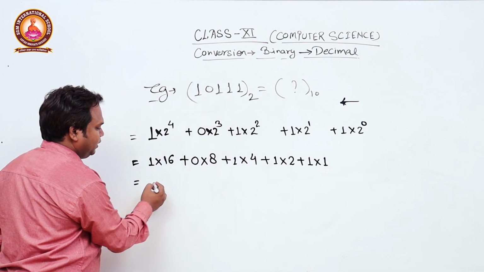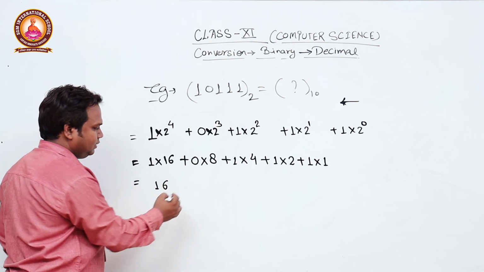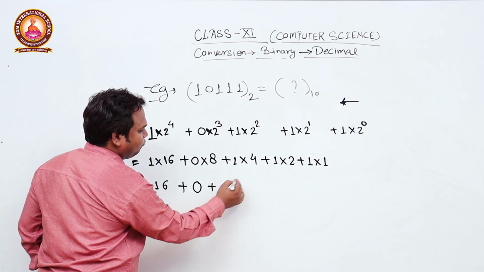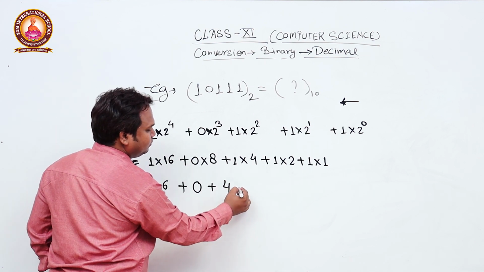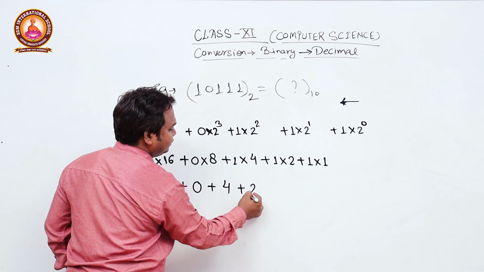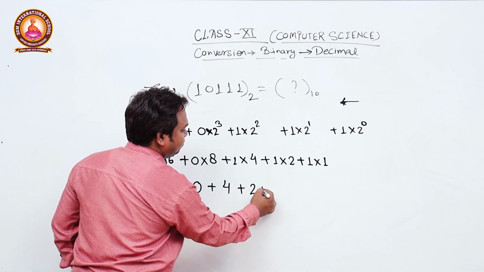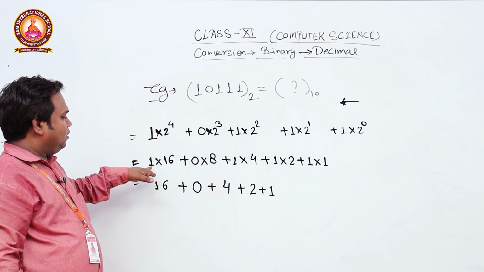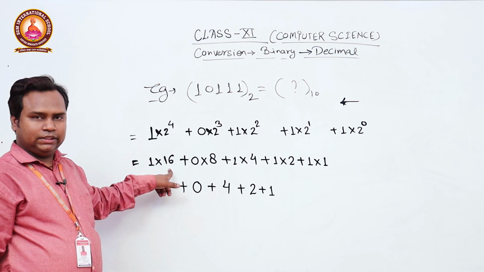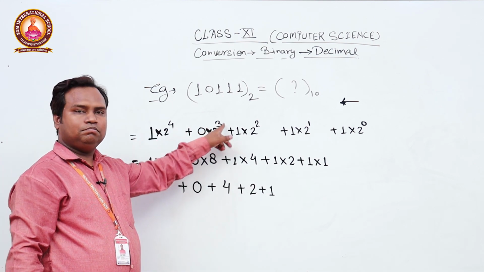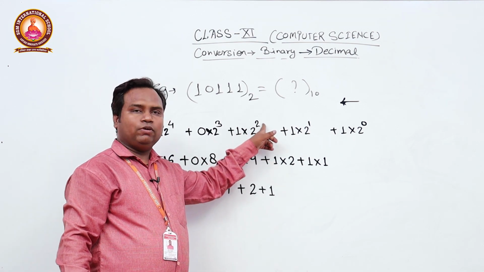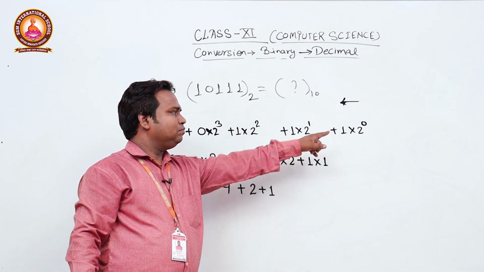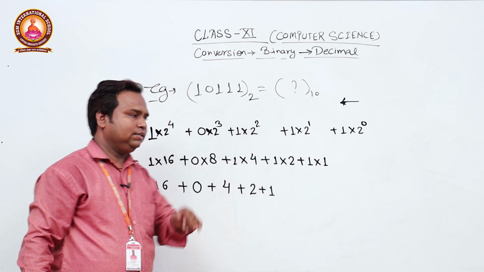Here 16 into 1, 16; 8 into 0, 0; 4 into 1, 4; 2 into 1, 2; plus 1 into 1, 1. Okay, let us check again. 2 raised to 4 is 16, 2 cube is 8, 2 square is 4, 2 raised to 1 is 2, 2 raised to 0 is 1.